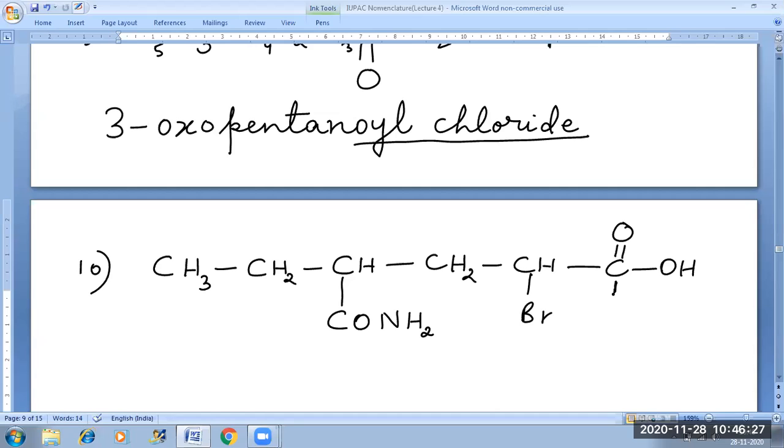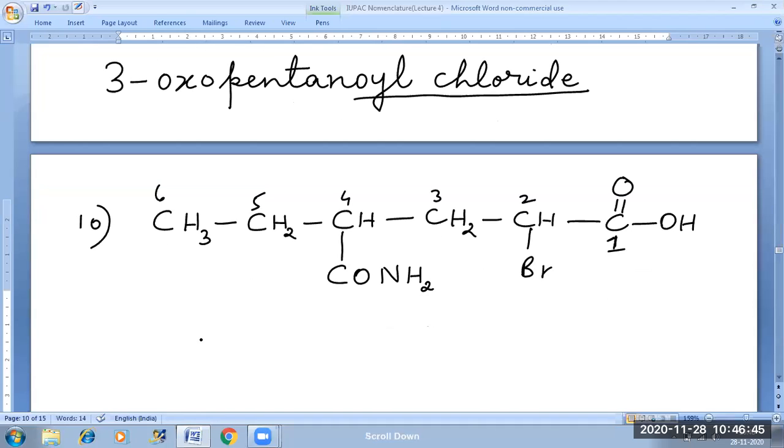So 1. See, I cannot start numbering 1 here, because the priority is not there, so it would be wrong if anyone did that. Here it will be 1. This will be the correct way of numbering.